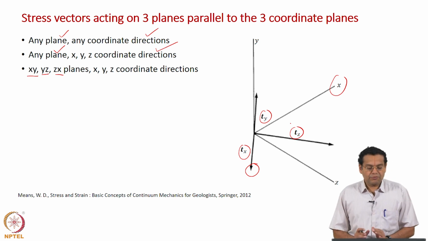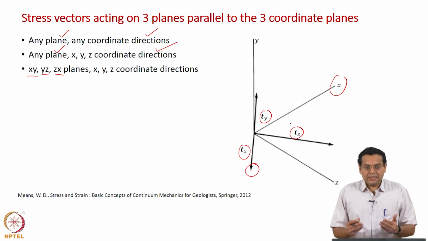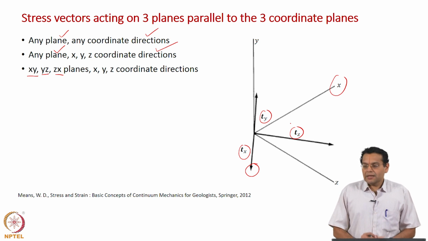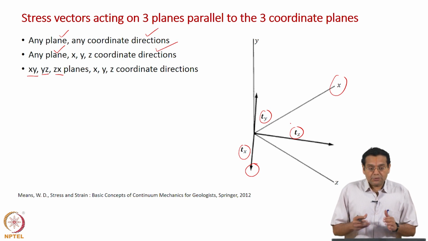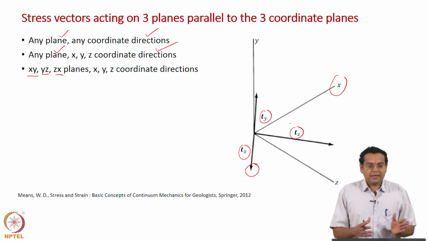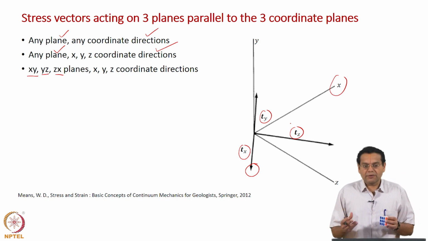As of now we have moved one step closer in terms of understanding and easier to represent, that is more important. So, from any plane, any coordinate directions to any plane, but x y z coordinate directions. But now see, look at the organization, becomes more and more organized, now easy to understand. These planes are very well known to us and coordinate axes are also very familiar to us.